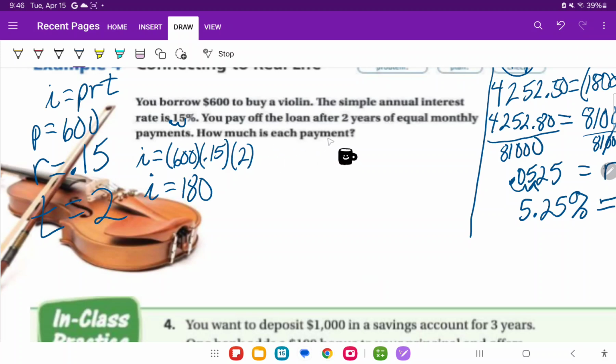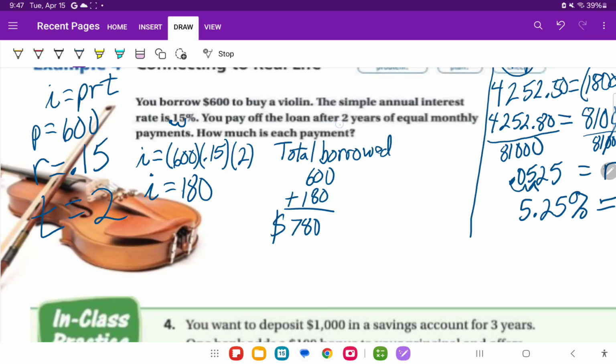Now, how much is each payment? It's going to take you 2 years to pay that off. So what is the total amount borrowed? The total borrowed is the original price plus the interest. So 780 is the total amount borrowed.